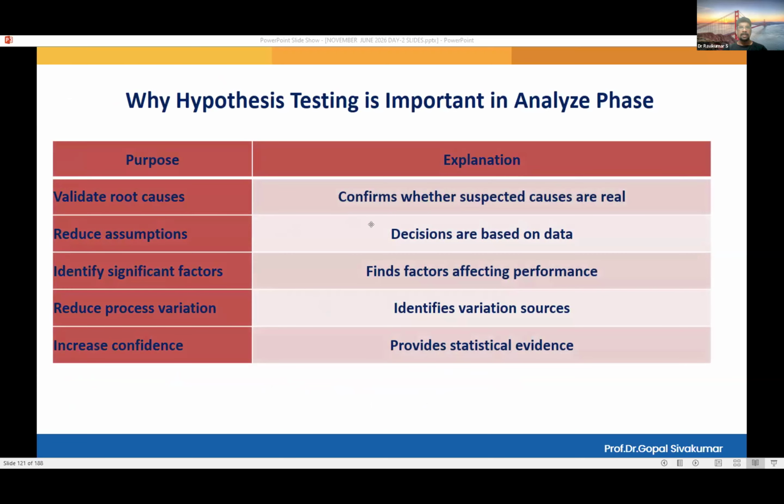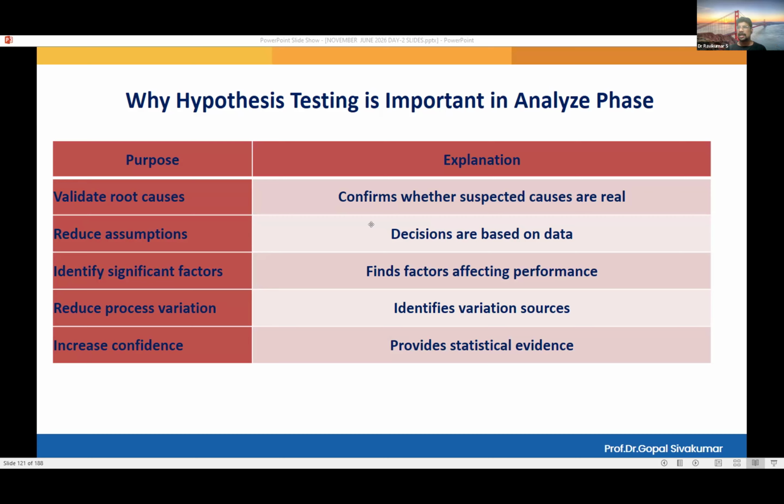So in hypothesis testing, we are confirming whether our claim is real, whether our claim is the actual root cause. We are going to confirm it using the data. By making decisions based on data, we are eliminating assumptions. Assumptions always have a probability of error.